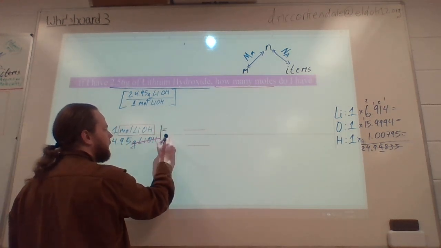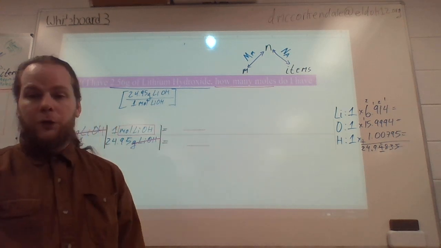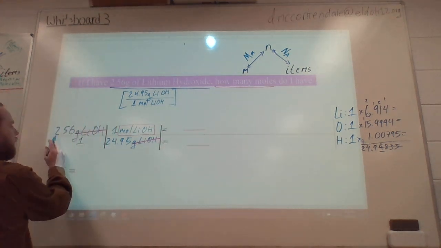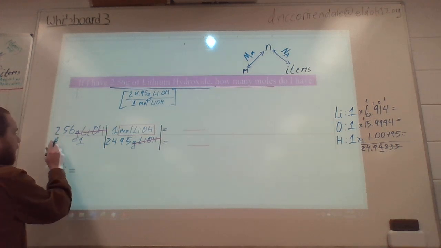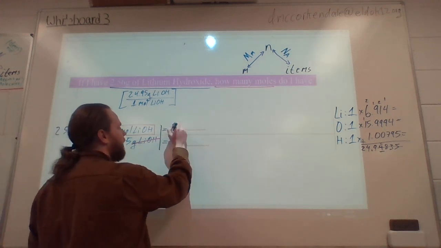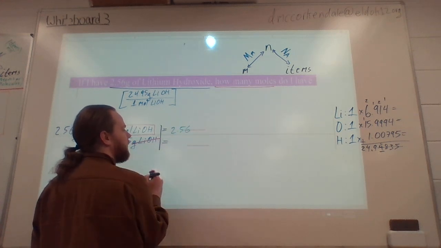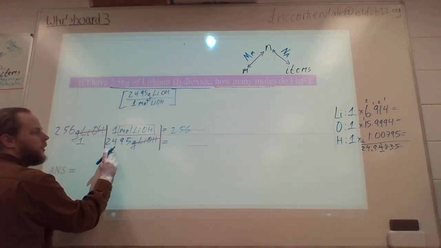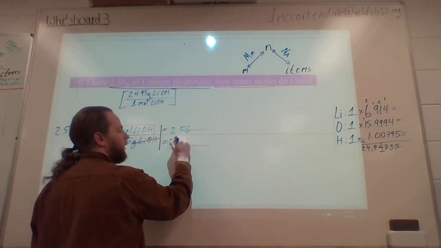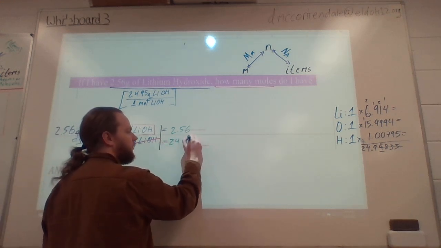So we put our equal signs and we multiply. Multiply across the top. 200, not 200. That's a 2 with a decimal point. 2.56 times 1 is 2.56. 1 times 24.95 is 24.95.